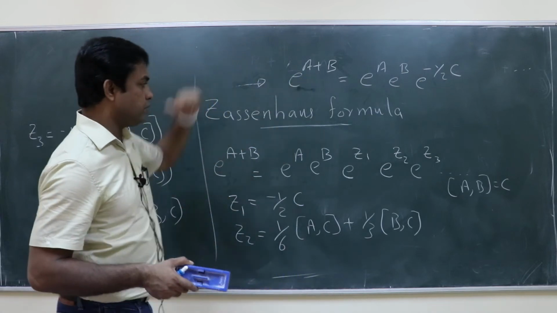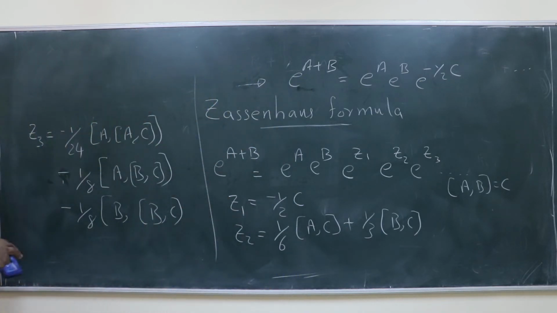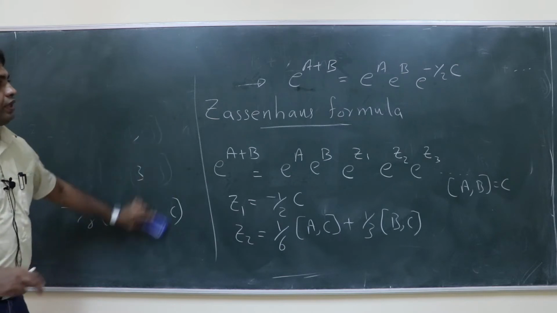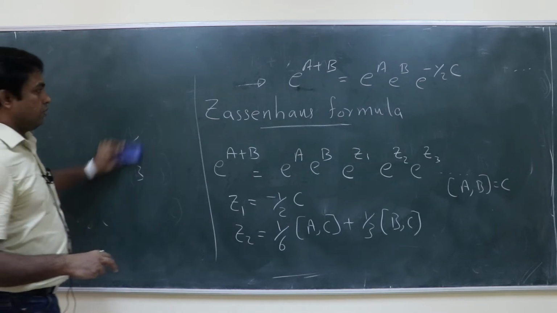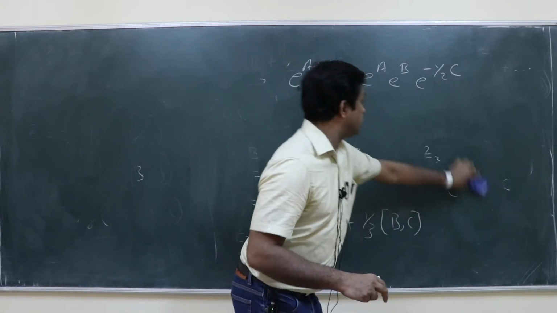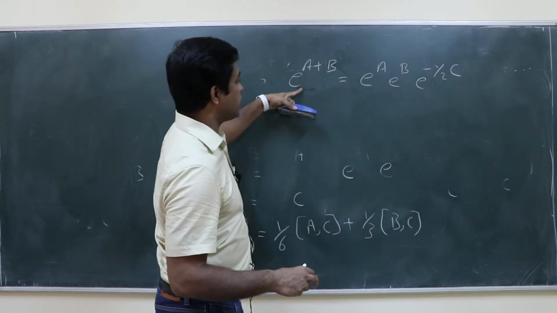This one you can try to solve. So now you can ask what e power A into e power B is equal to. This is one of the special cases of the Sassenhaus formula.